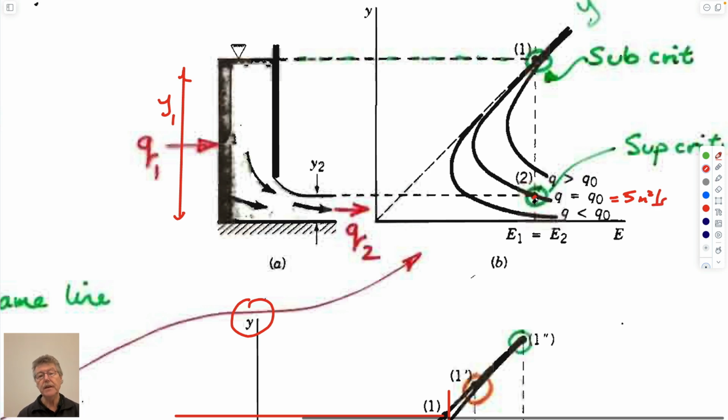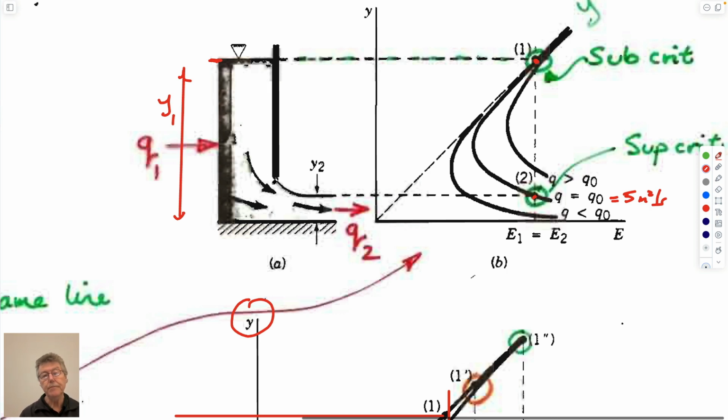So physically, what this means is if you had a flow and you constrict the flow with a gate, so that you have the height of the flow that's upstream, then for this particular energy of the flow going downstream, the upstream depth would be this, just going across here.